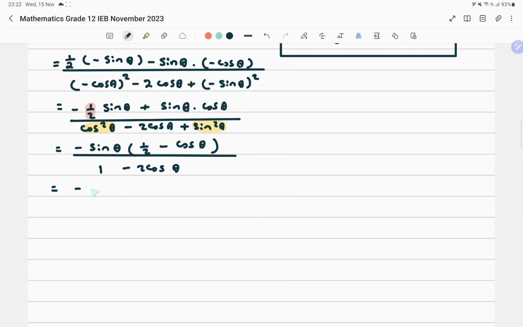Now how do we do this? We know this is going to be minus sine of theta into a half minus cos theta. So we come back and say, look, we can pull out a half here. If we pull out a half, things are just going to fall into place. You get me? Let me see. All I want is to be able to have cos here, but now there's a 2.